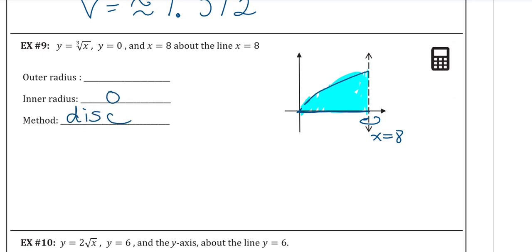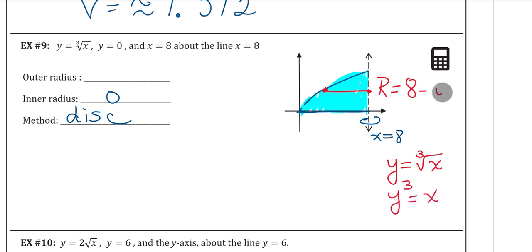And our outer radius is going to be just the distance from the curve to the line. So our r is going to be 8 units away from 0, and we're going to subtract off our function, but first we will need to solve it for x. So y cubed is x, so this is going to be minus y cubed. So that's our outer radius.